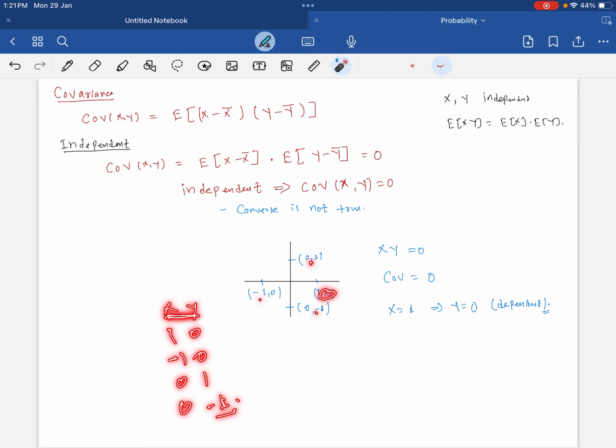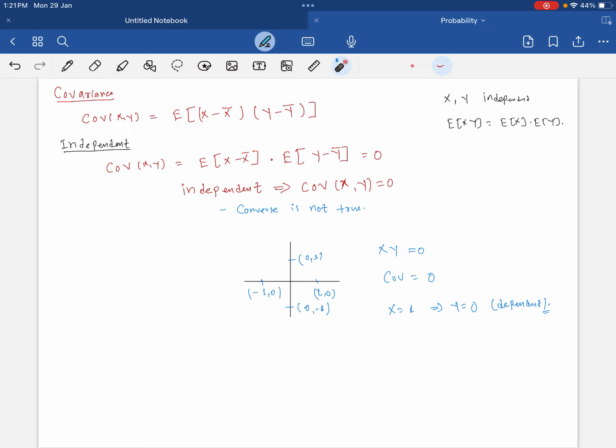If you try to find the covariance, for that you will have to calculate this product term, and you see that all these product terms are 0, right? So ultimately you will find that the covariance is going to be 0.